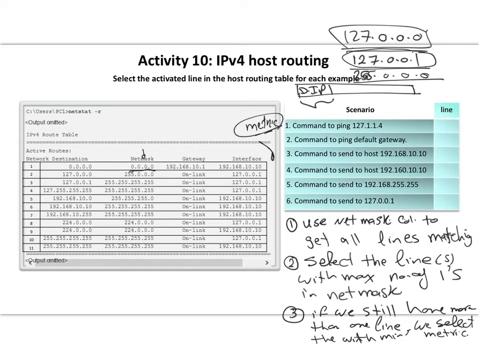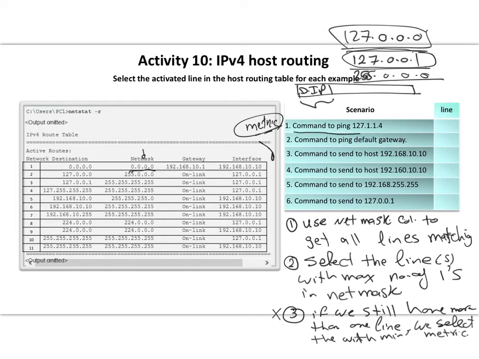That depends on the metric. Of course, the metric column in that exercise has been omitted, in which case number 3 will not apply in our case.